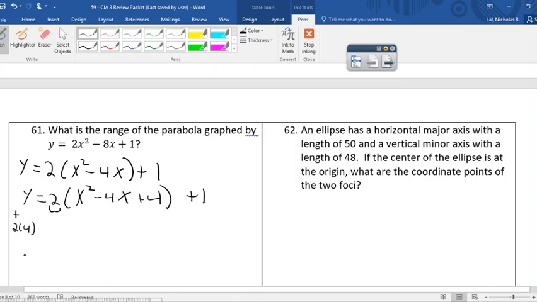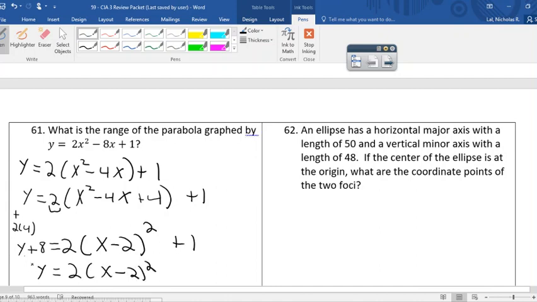So you'll have y plus 8 is equal to 2 times, this will factor into (x minus 2) squared, plus 1. We can simplify this into y is equal to 2 times (x minus 2) squared, subtract 8 from each side, minus 7.